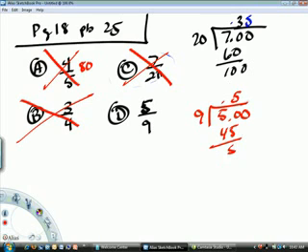Remainder of 5. It's going to continue to be 5 every time. It keeps repeating. So that's the answer, D.